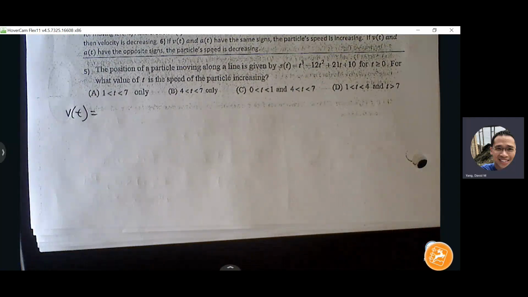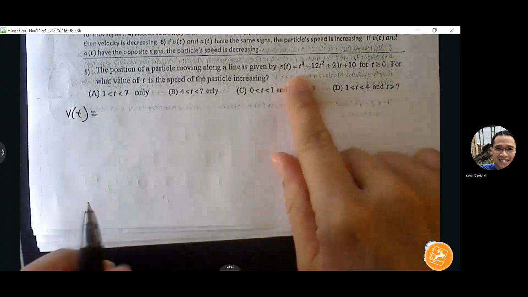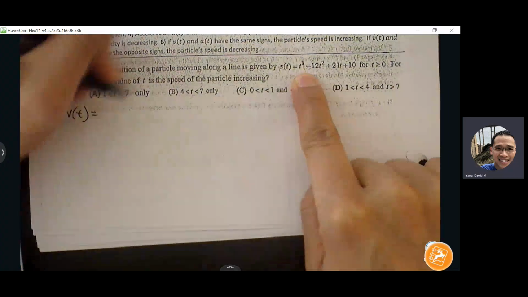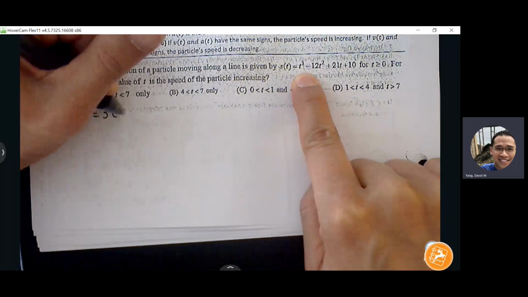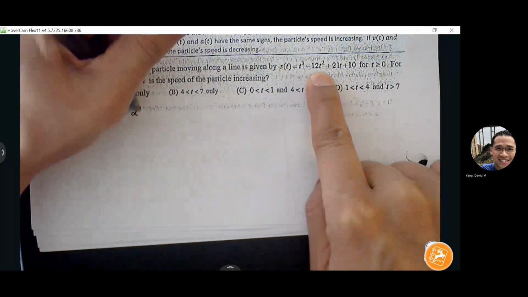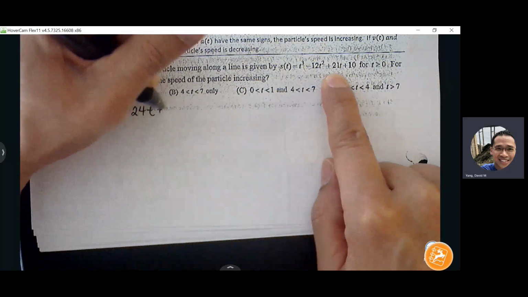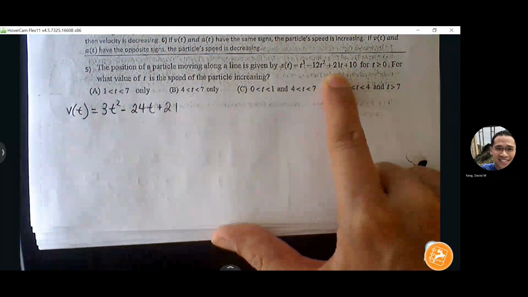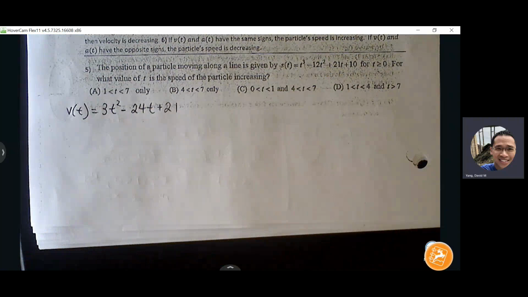Okay, this is our last problem. We'll be done after this. So v of t equals t cubed minus 12t squared... minus 24t. Set equal to 0, we can factor out a what? 3.